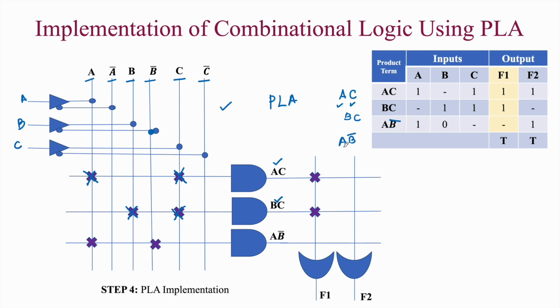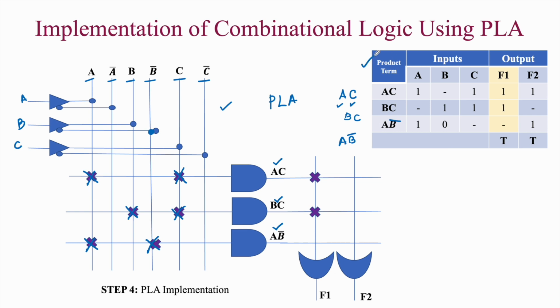So we should have a connection at A, in the same wire A, and then we should have a connection at B bar. Therefore, this AND gate will give you the product term AB bar. So right now we have the terms AC, BC and AB bar. So programming the AND gate is done.